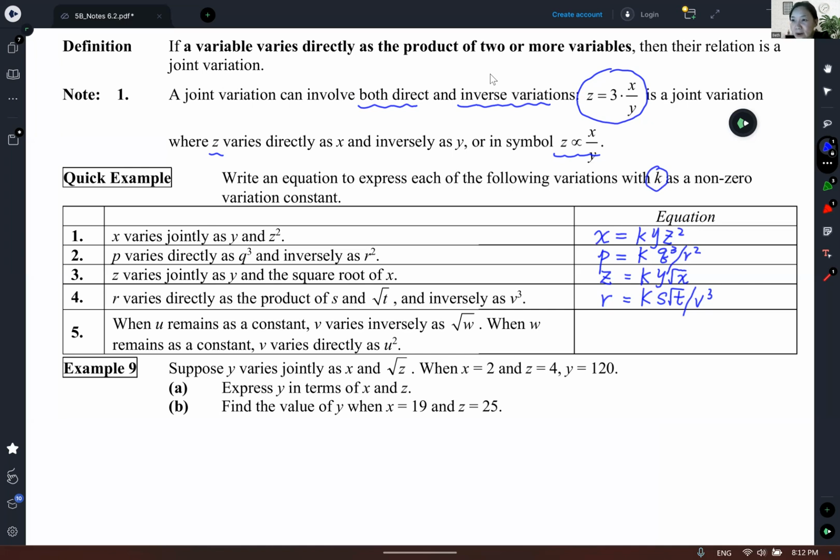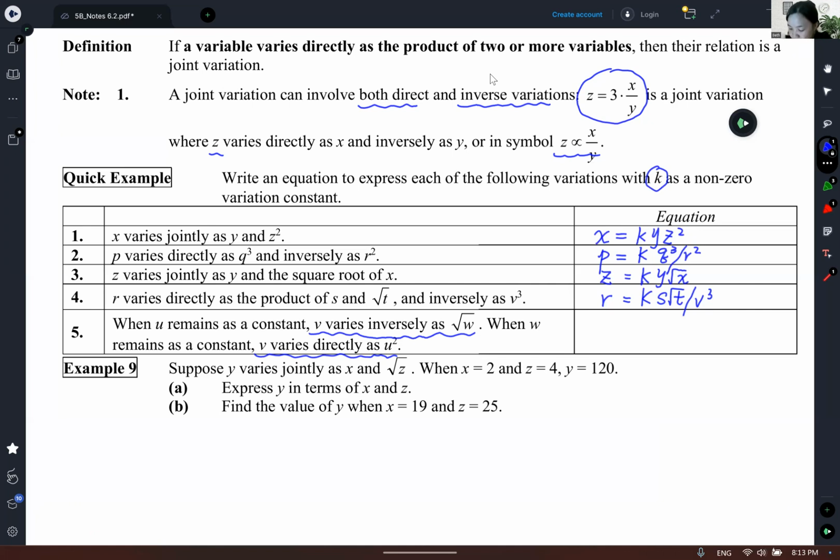So it's like describing the relation between V and W and V and U separately. So it looks like there are two relations, but when we put them together, you should be writing a relation connecting V, W, and U together.